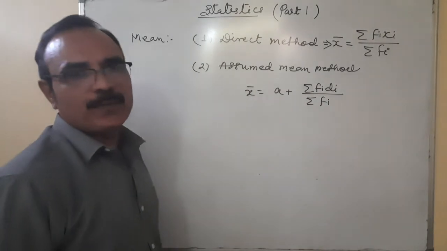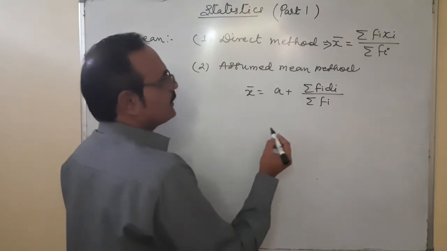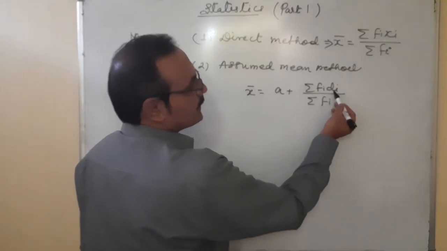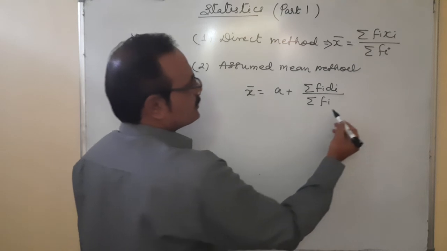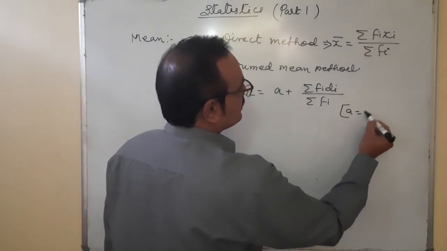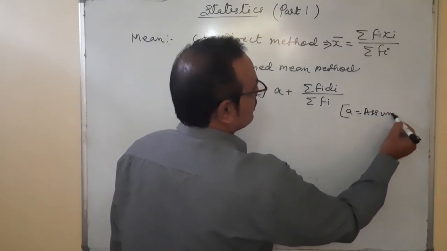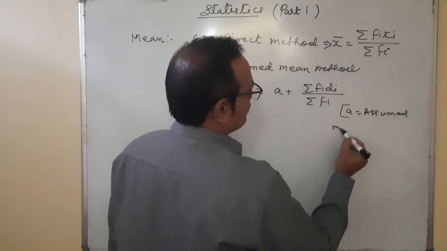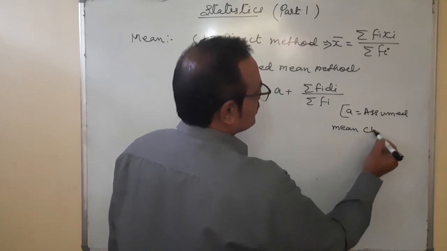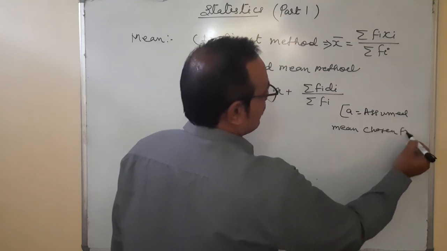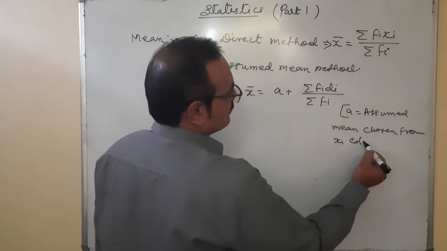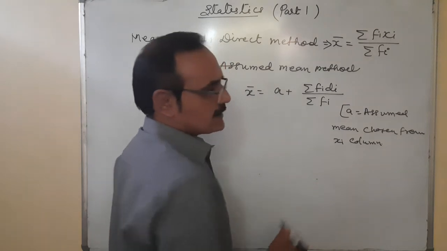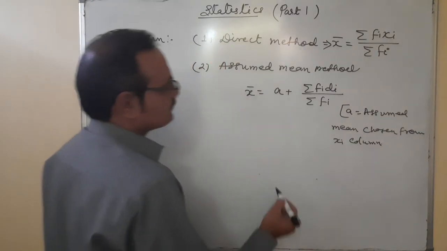This is the assumed mean method. I will tell you the meaning of that. What is d? d is called the deviation, f is frequency, a is the assumed mean. a is equal to the assumed mean chosen from the xi column. What is the xi column? It is the class mark. I will explain class mark.